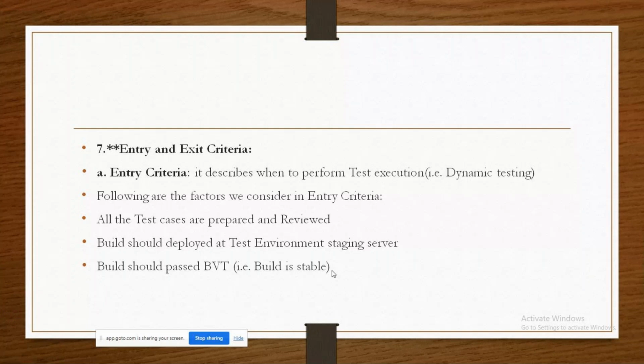It should be stable. Then required software and hardware configuration setup should be provided. So these are the checklist. These 4 points should be satisfied to start the test execution.